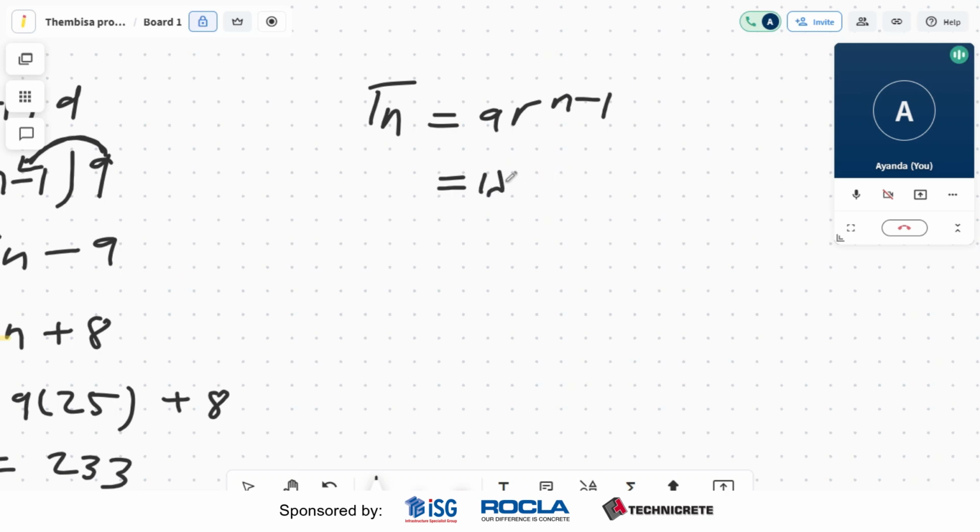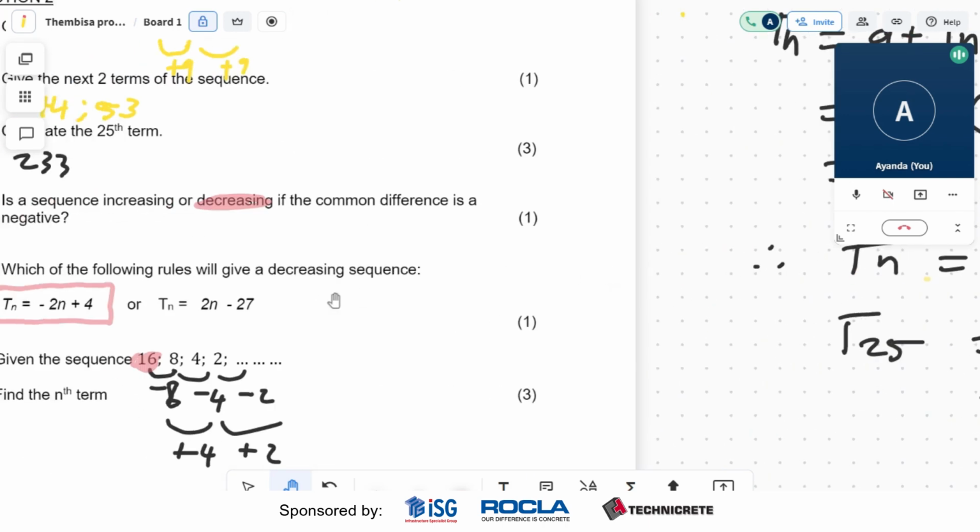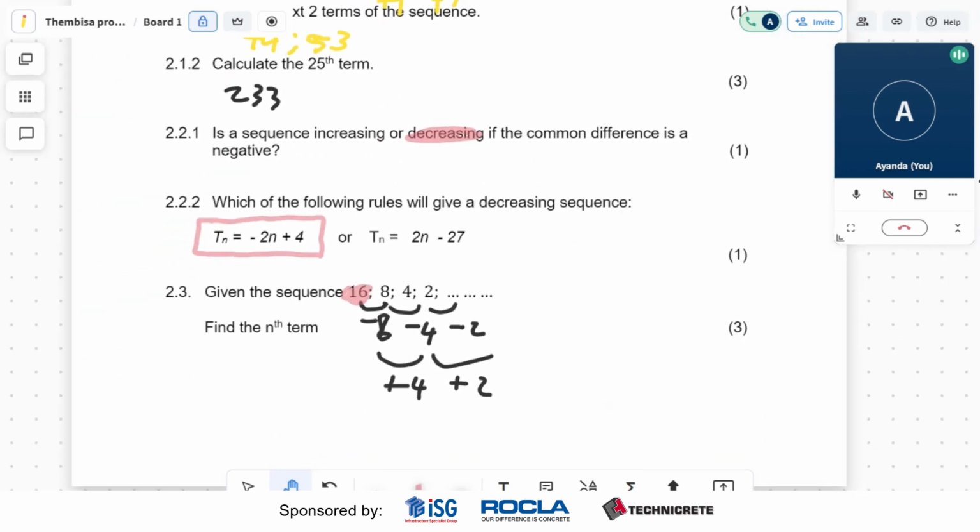So 16 times r. R is our ratio, and we can find this by taking term 2, dividing it by term 1. So term 2, this is term 2, this is term 1. 8 divided by 16 gives us a half.